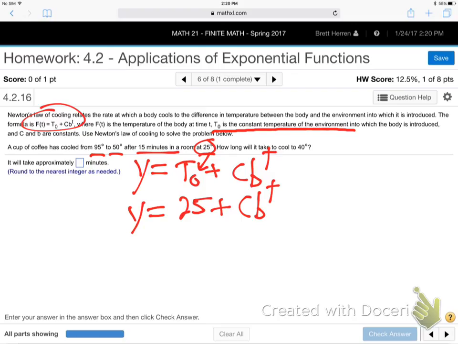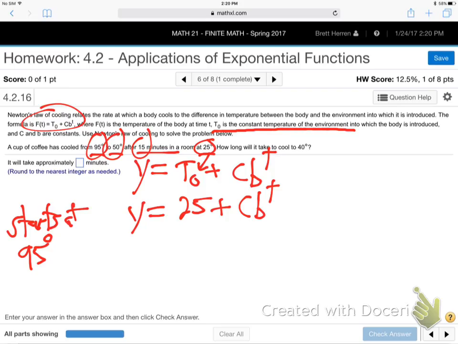Now, they're saying it went from 95 to 50 in 15 minutes. What did it start off to be? Oh, 95. See what they're saying? It starts at 95 degrees, doesn't it?